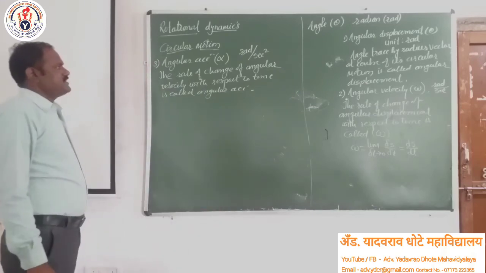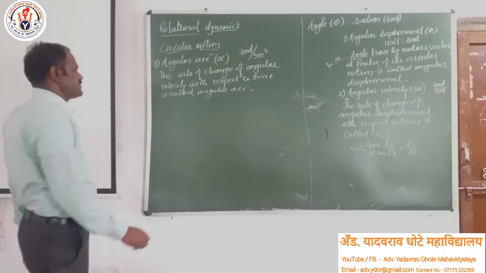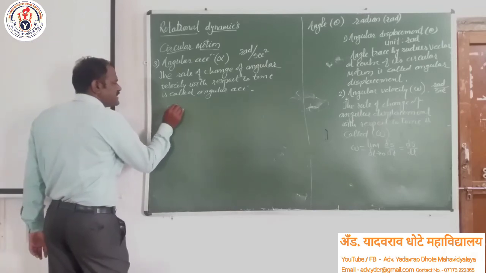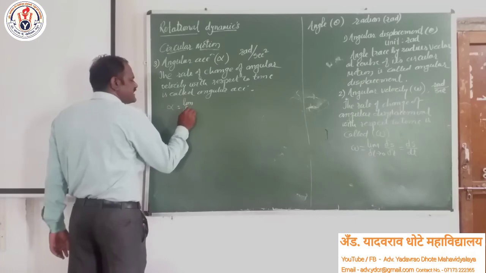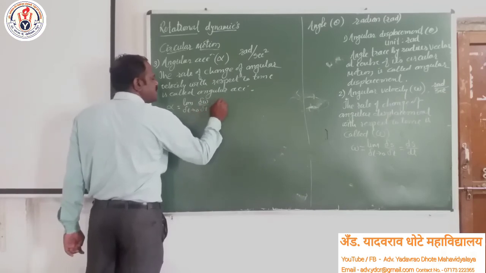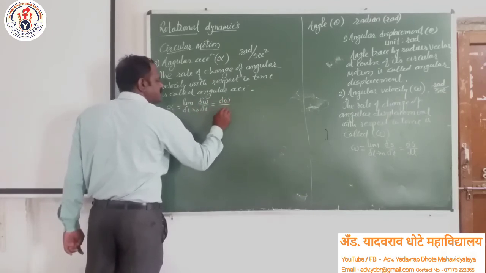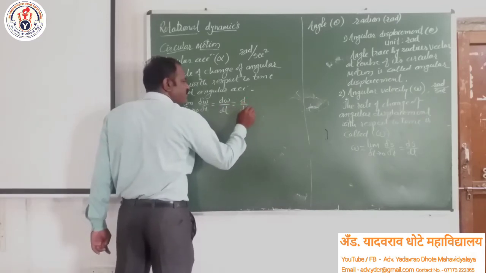The rate of change of angular velocity with respect to time is called angular acceleration, and angular acceleration is denoted by alpha. So the formula is limit delta t tends to 0, delta omega by delta t, or d omega by dt, or d by dt of omega.